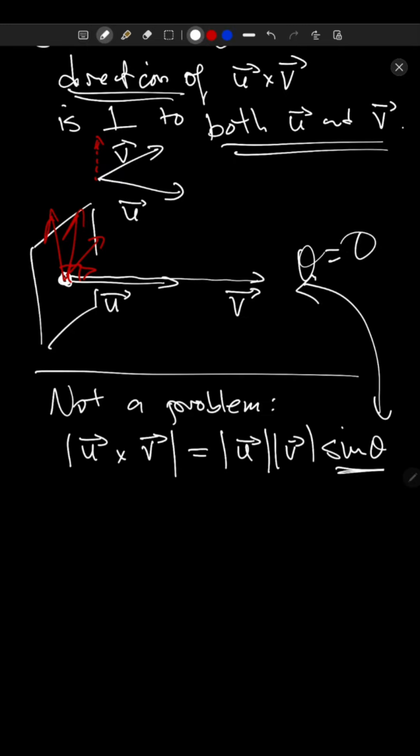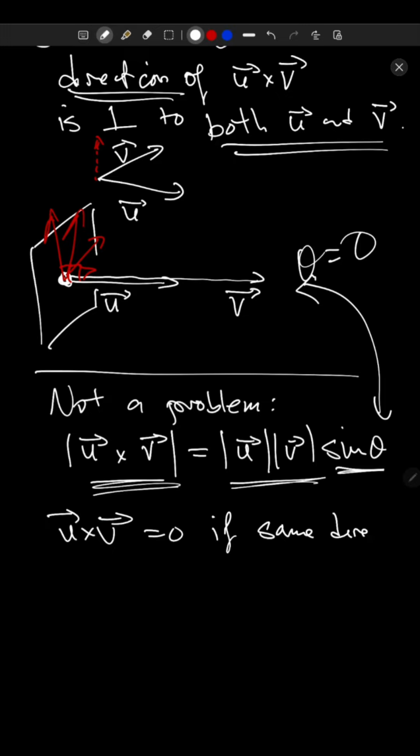And so sine theta is going to be 0, and so the length of the cross product is going to be 0. And so the cross product is going to be the 0 vector if same direction. And so the fact that the right-hand rule description of the direction doesn't work doesn't matter, because it's forced to be the 0 vector anyway by this sine theta.